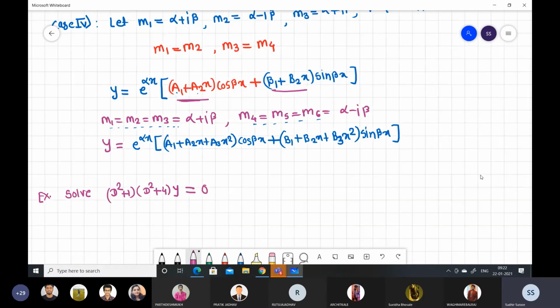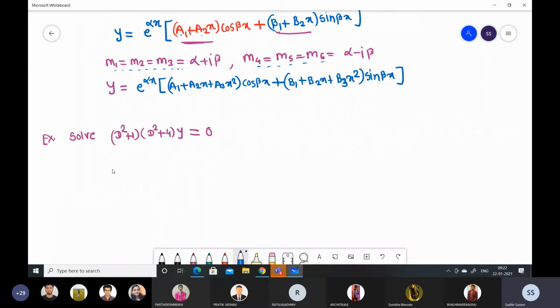Now in this case, consider the auxiliary equation. The process is straightforward: we consider the auxiliary equation, then find its roots. So (D square plus 1)(D square plus 4) is equal to 0, and we can equate each factor to 0.